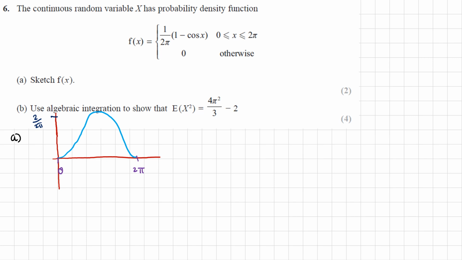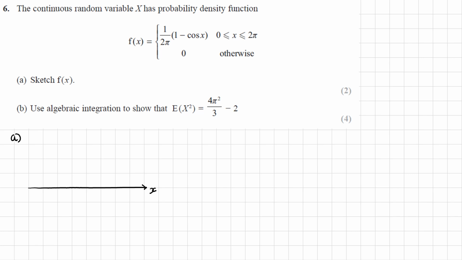So let me now draw a nice clear sketch of that now that I know what it looks like. So I'll have my x-axis down here, I'll have my y-axis or f of x axis here, and let's sketch my graph. Looks a little bit like a normal distribution, I guess.